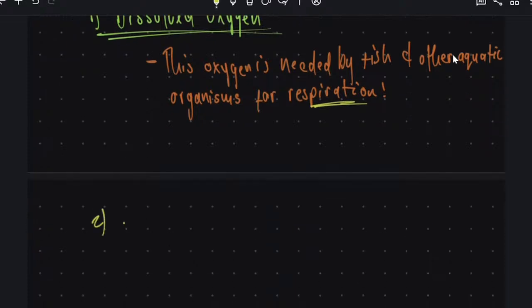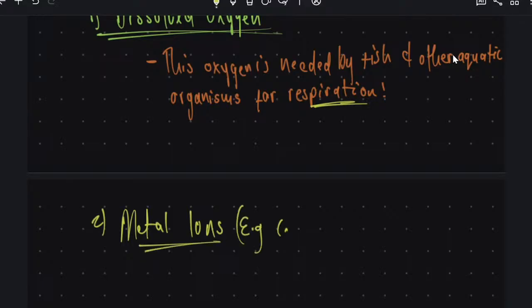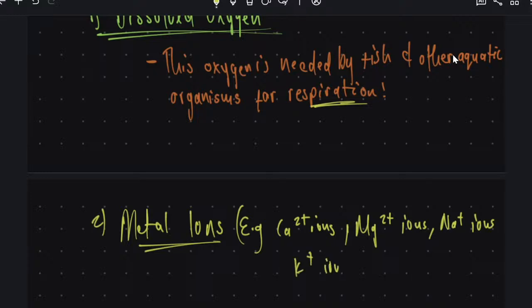Two. The other beneficial substance that is found in water is metal ions. Okay? Metal ions. E.g., Ca2+ ions, magnesium ions, Mg2+ ions, Na+ ions, K+ ions.